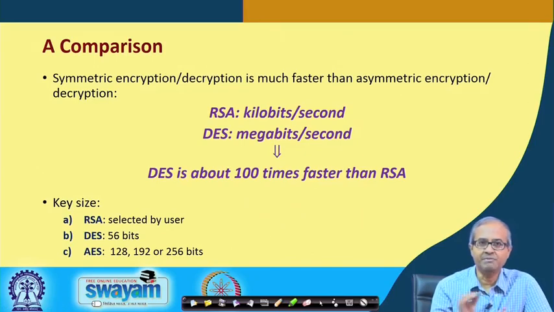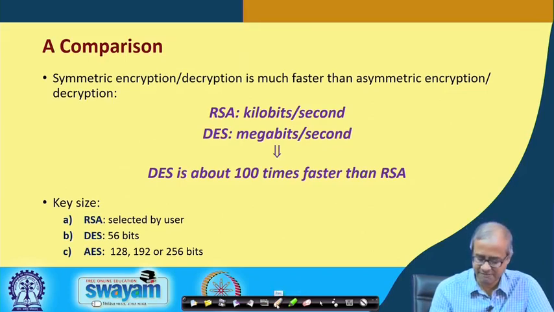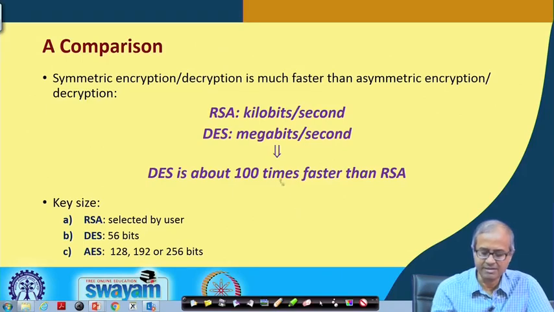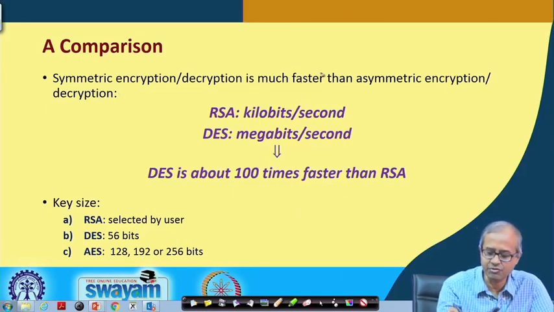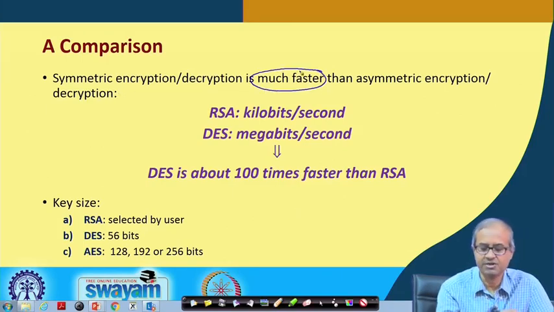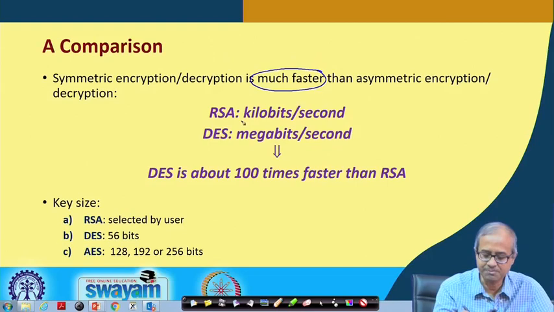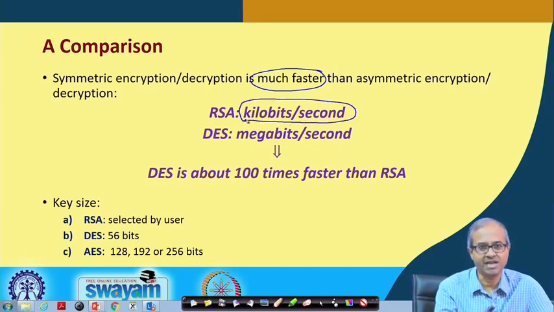Now, I am showing a quick comparison between symmetric key and public key cryptographic algorithms. I have said very loosely that symmetric key algorithms are much faster compared to public key. Just a simple comparison: when the RSA algorithm carries out encryption or decryption, the speed is thousands of bits per second, or kilobits per second.